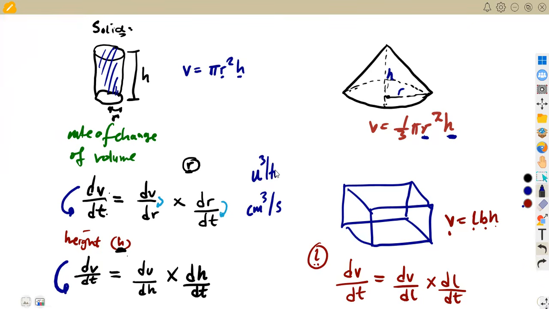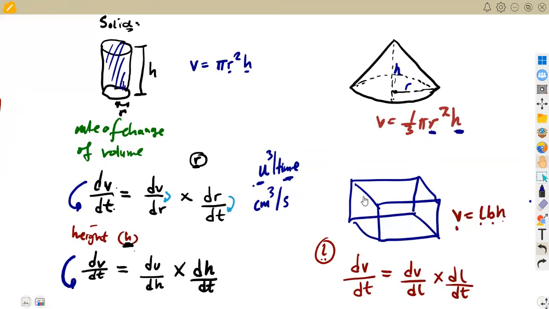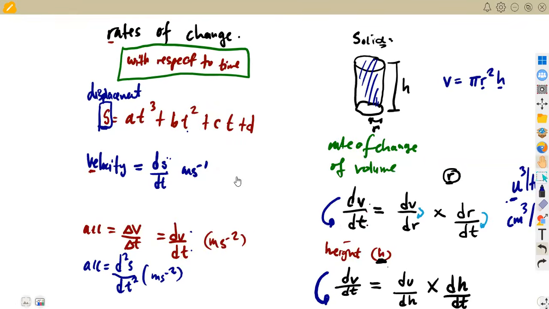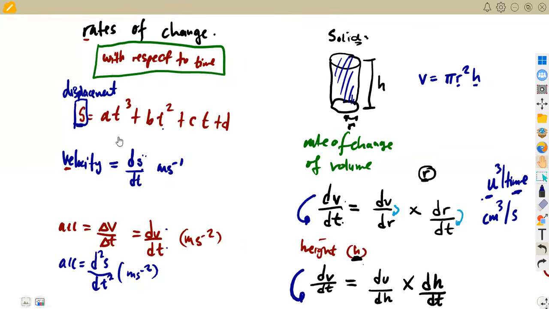If it is cubic meters and time in minutes, it will depend on the information. So these are the basics that you need to understand when you are talking about rates of change: displacement, velocity, acceleration, and the rate of change of volume.